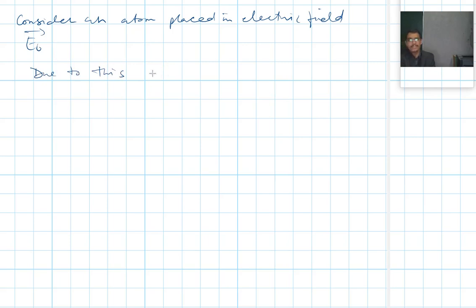So consider an atom placed in an electric field E naught, and due to this, P is the dipole moment induced in the atom.